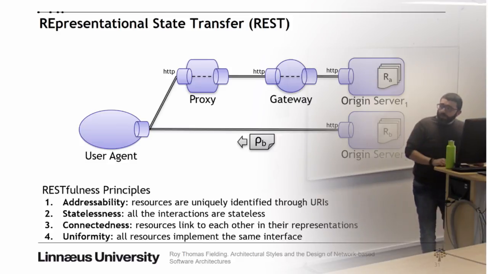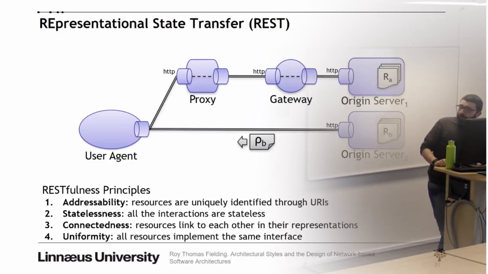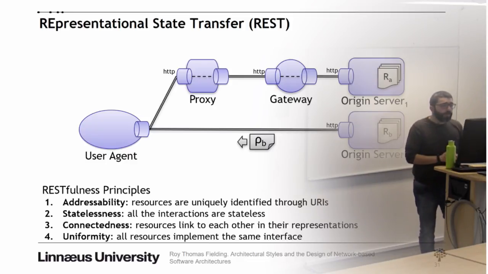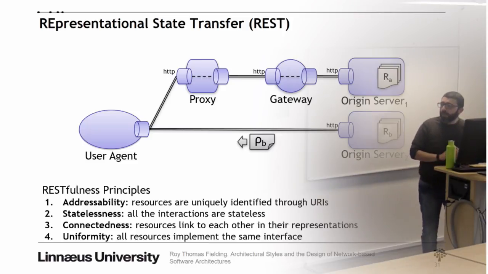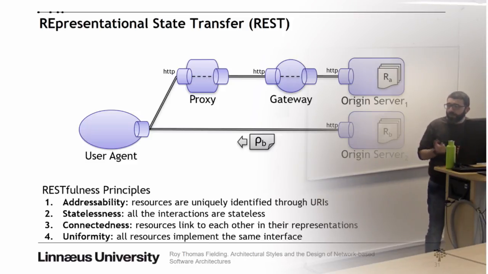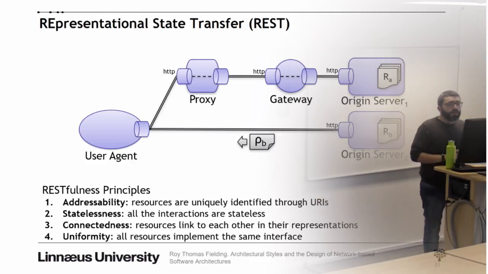So once we have this, it's very important to understand the different principles that define a REST architecture. First, addressability. Every single resource must be identified uniquely by means of a URI. Whenever something is published, it is identified with a specific URI. Then stateless: all the interactions between the user agent and the origin server are stateless.